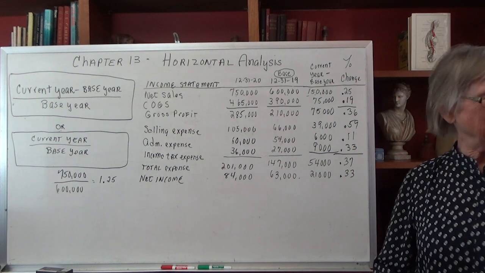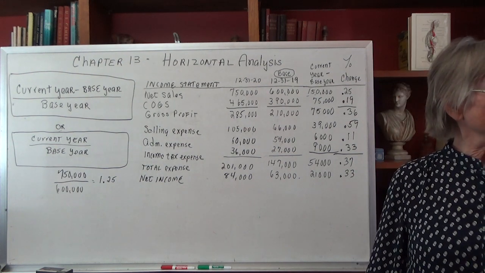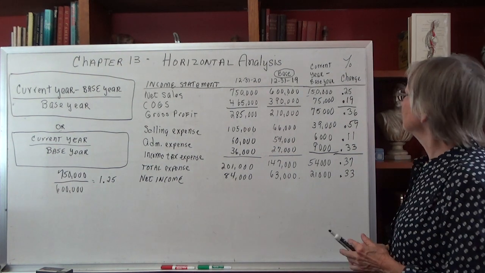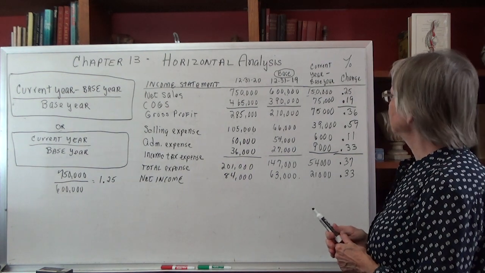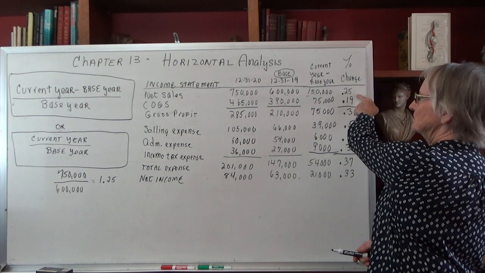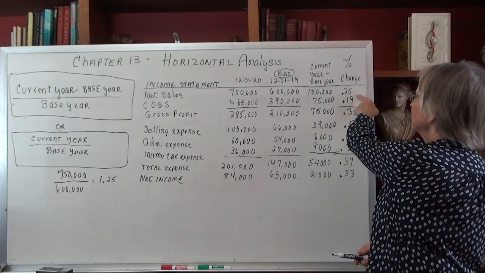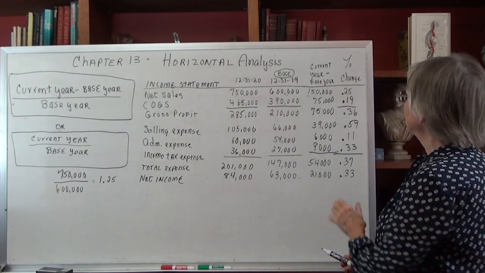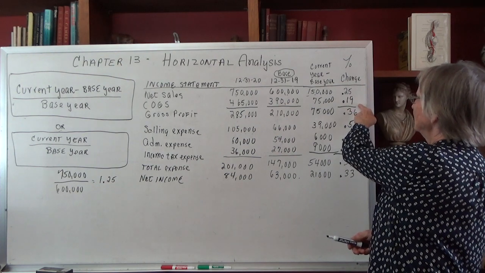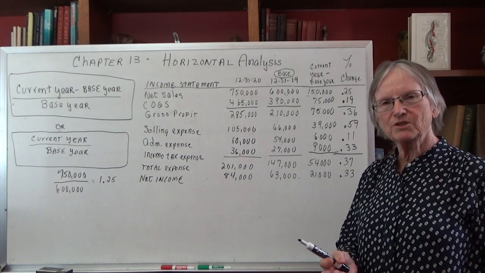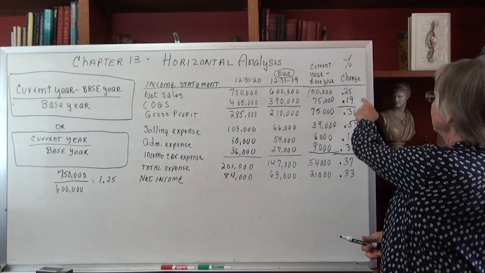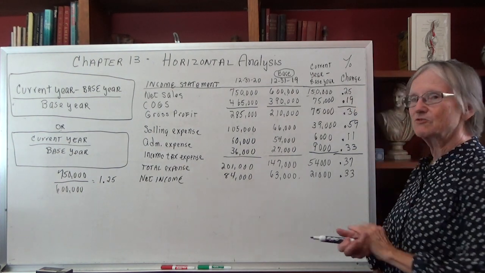Now comes the tricky part. It's like, okay, so what's going on here? With the percentages, we might be able to get a little better idea. We can say net sales increased by 25%. So that's pretty good, but gee, cost of goods sold only went up 19%, so our gross profit increased 36% when we only had an increase in net sales of 25.